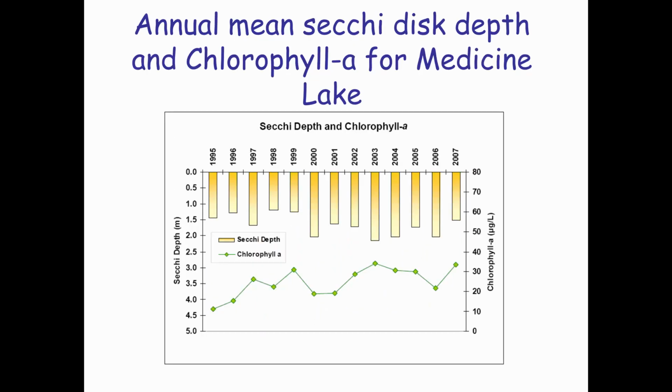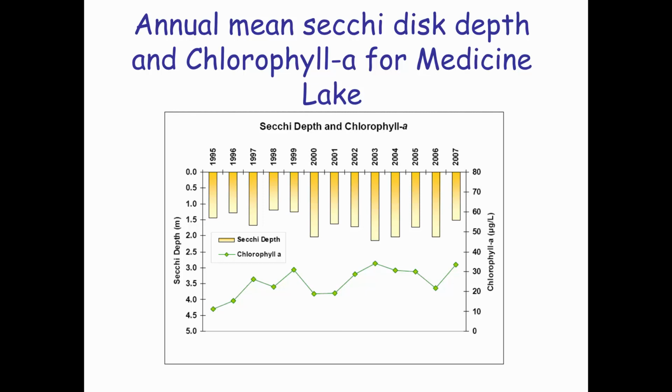Also, Secchi disk depth and chlorophyll A were measured at that same location. And you can see Secchi disk depths are a minimum of a little over a meter and go down to about 2¼ meters maximum. And then the chlorophyll A values range between about 10 micrograms per liter up to about 30.